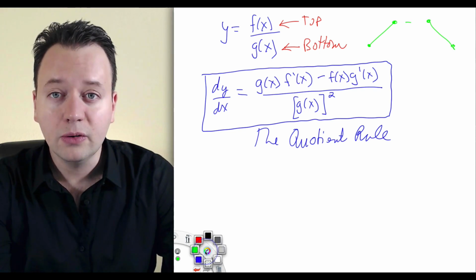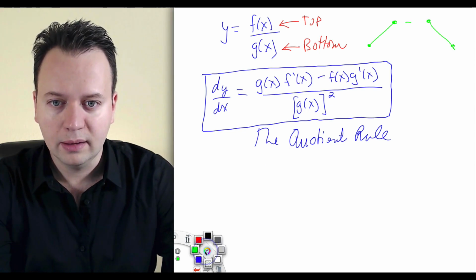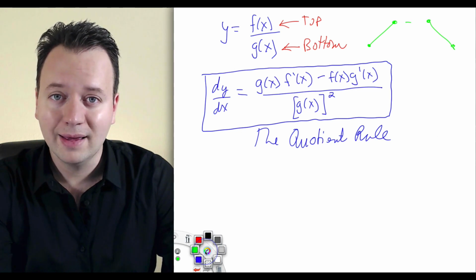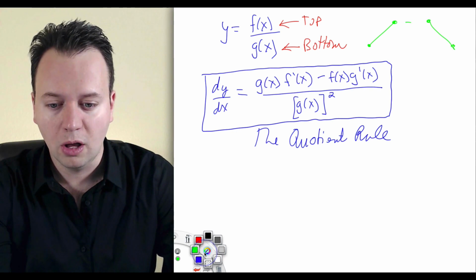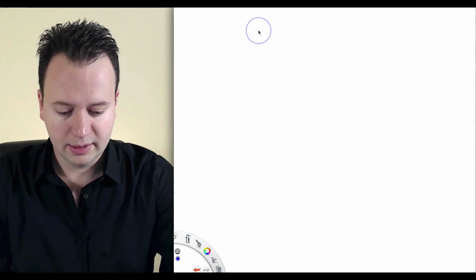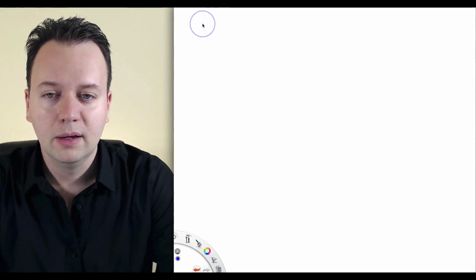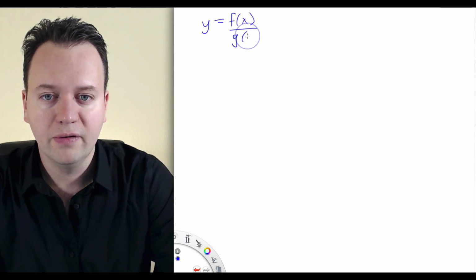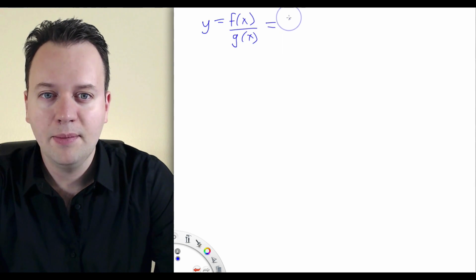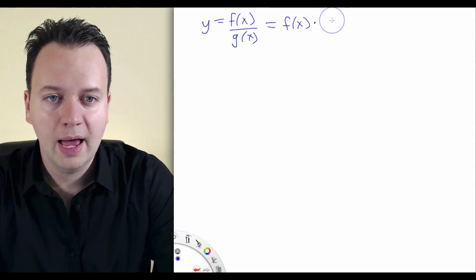Now, to see where this comes from, we can apply the product rule, and we'll use the chain rule along the way. So to derive this formula, suppose we have y is equal to f of x over g of x. Now this is the same as f of x times 1 over g of x.